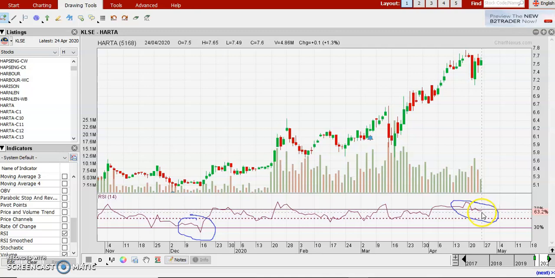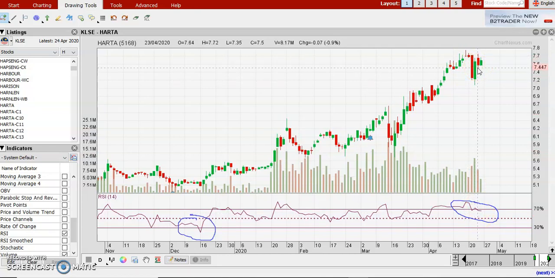So you can buy once the RSI curves up and crosses above the overbought line again. For the time being, my advice is to get ready to buy and wait until the correction finishes.